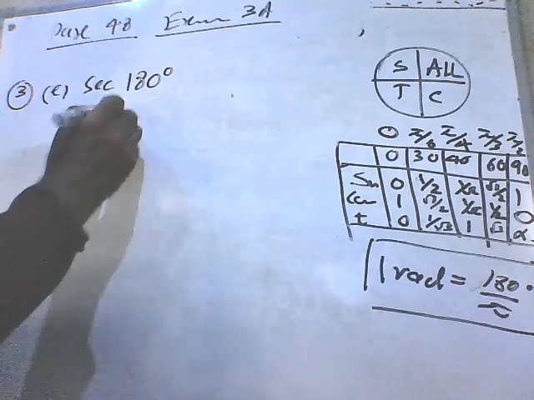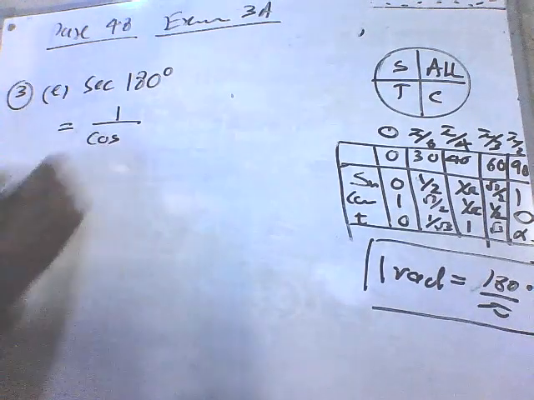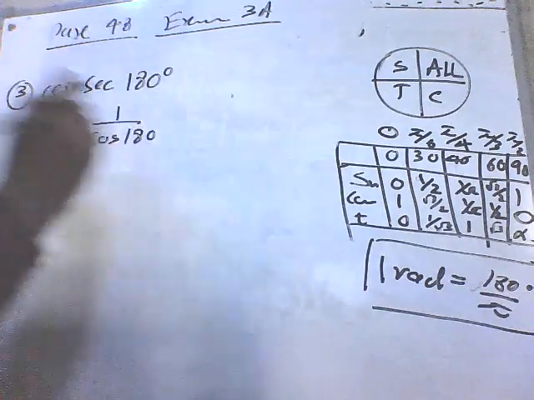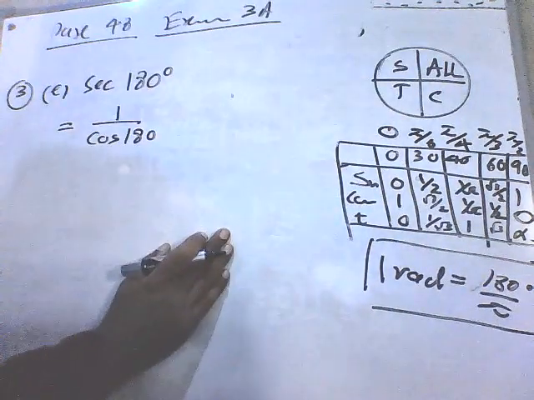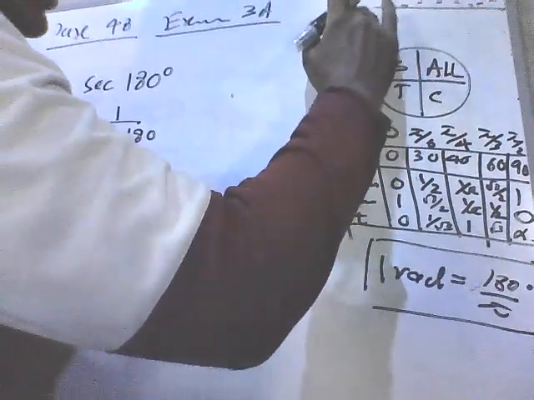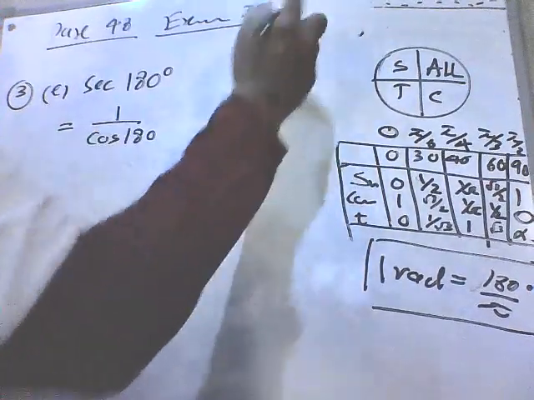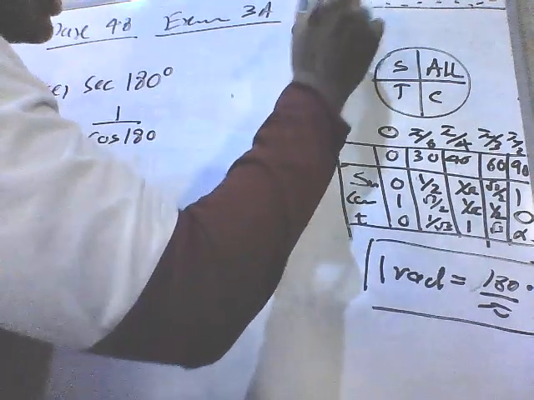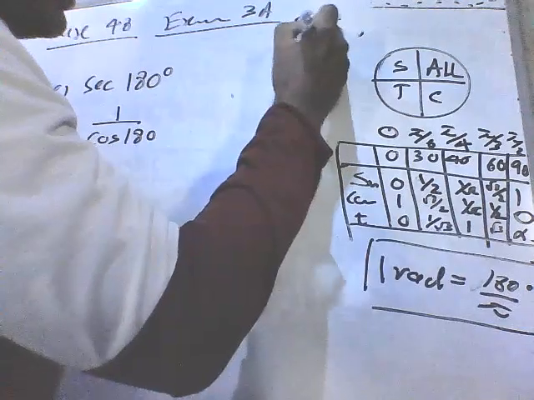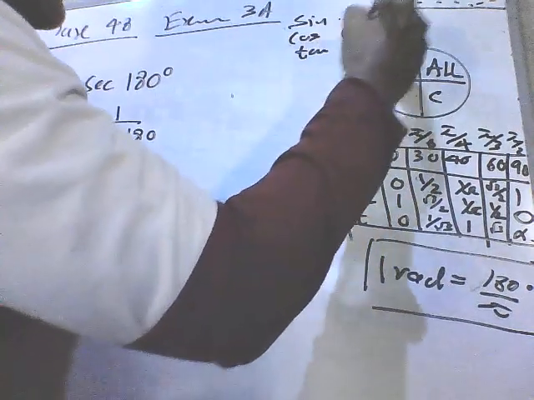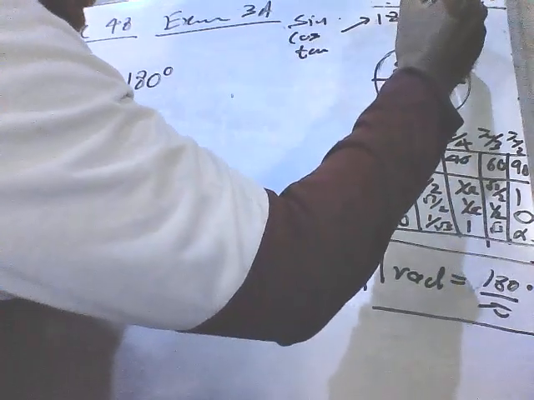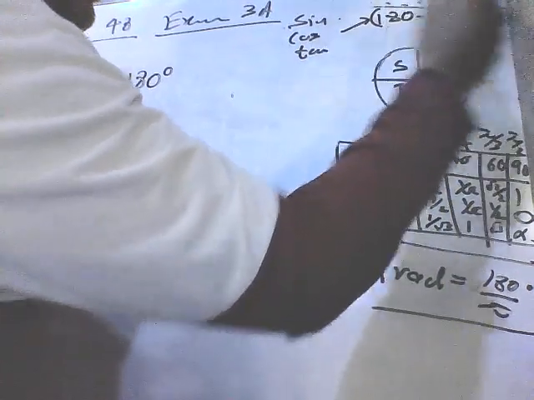We can turn this into 1 over cos 180. And another thing, the other equations also, what you should remember: sine, cos, tan of 180 minus theta is equal to what?